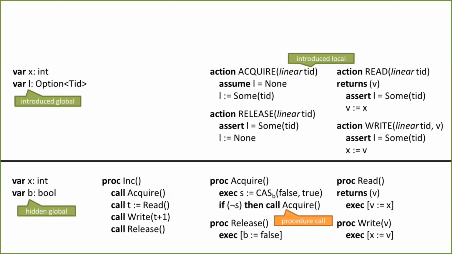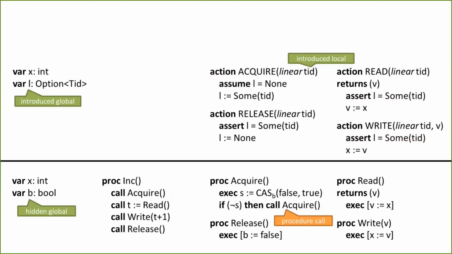Additionally to the actions acquire and release, we also convert the low-level procedures read and write to atomic actions that explicitly state that a lock must be held when the shared variable x is read or written.